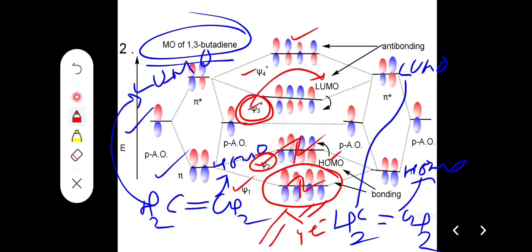Psi3 star and Psi4 star both are unoccupied, but we have to consider the lowest unoccupied molecular orbital. Lowest means the one with low energy. So the lowest unoccupied molecular orbital is Psi3 star. So Psi3 star is considered as the LUMO for 1,3-butadiene. Okay, up to this.